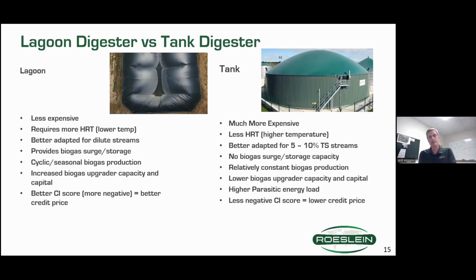Whereas a tank digester, you're adding energy for mixing, you're adding energy to keep it hot. And then you also might overproduce compared to this baseline that I mentioned, which will also hurt your CI score. And so you actually have a less negative, or you might have a negative 200 or 250 score in a tank digester.